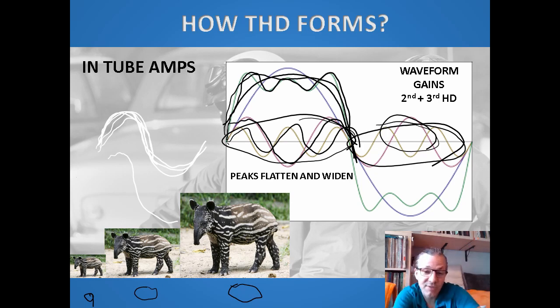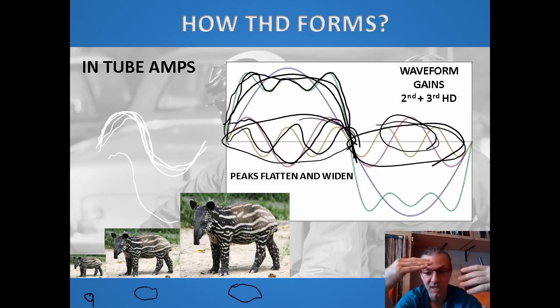And what I have seen in the past 20 years is that people's general knowledge level on how to match speakers and amps has just dropped a lot, unfortunately.